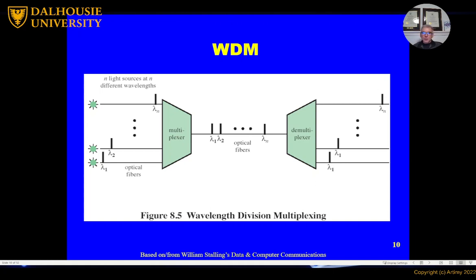Each color will have a specific wavelength, so I can send different streams of data using a different color or different wavelength. I'll just call it wavelength division multiplexing, but it's no different in principle. So each channel will occupy a different wavelength.